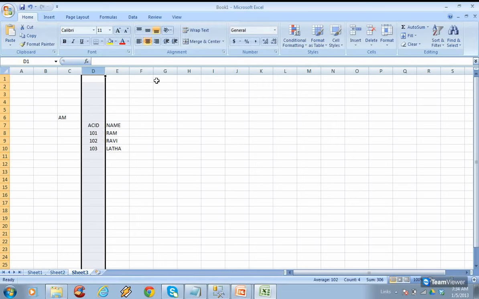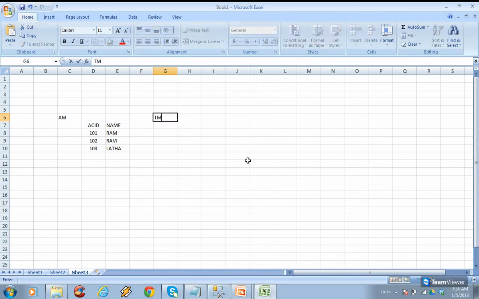Three people here. Now the transaction master has the transaction type and the amount they have done. 101 went to the bank and did a cash deposit of 4,000. Then 103 did a cash withdrawal of, say, 500. 103 also did a cash deposit of, say, 2,000. Like that, you have some data.